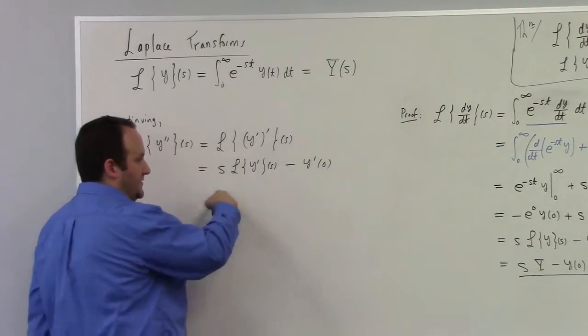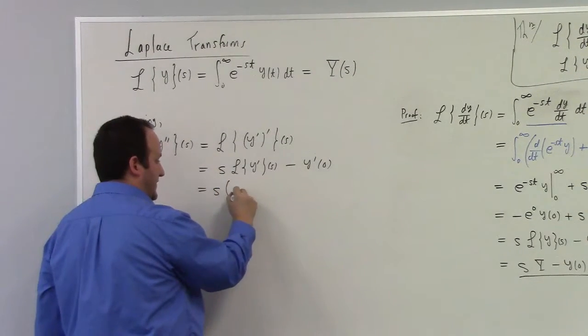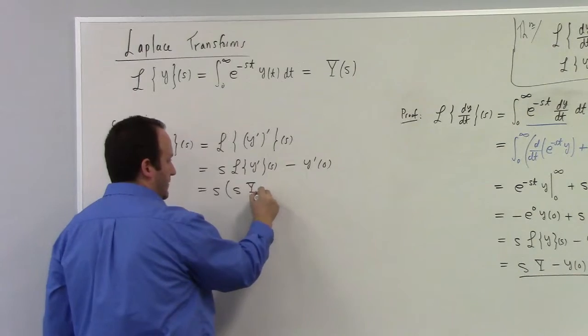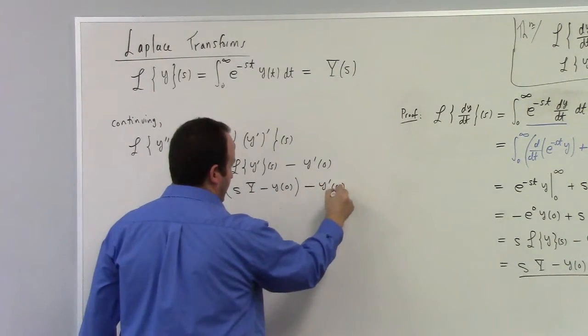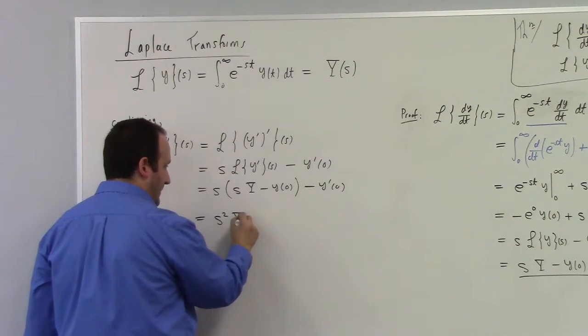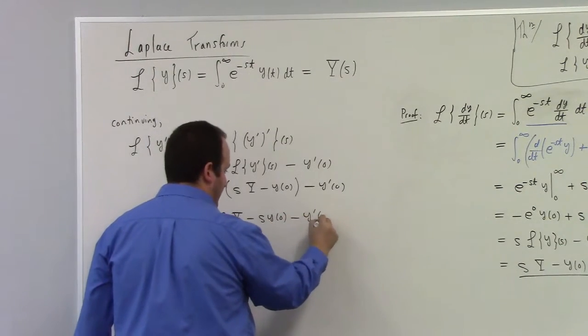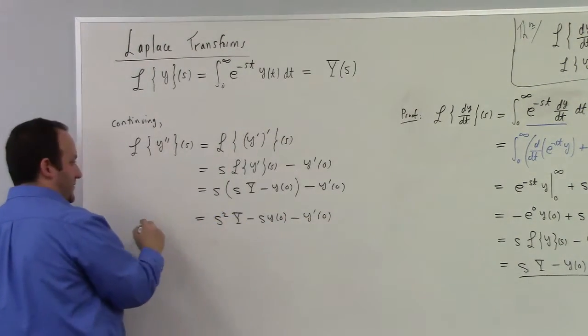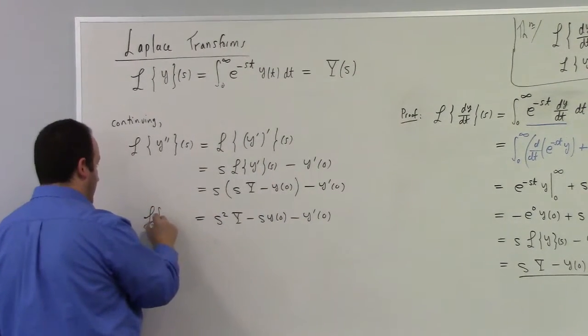Next, I apply the theorem one more time. So that's s times, s big Y minus y of 0, minus y prime of 0. And there you go: s squared big Y minus s times y of 0 minus y prime of 0. And there you have it. This is the Laplace transform of the second derivative.